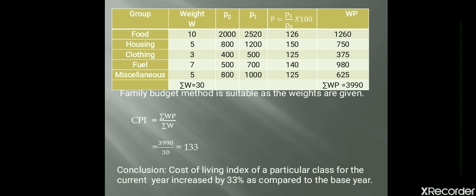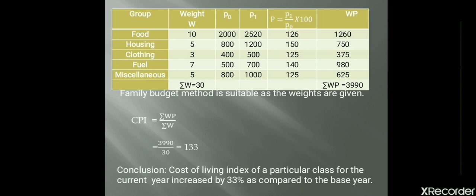For the first group, 126 multiplied by 10 results in 1260. 150 multiplied by 5 is 750. 125 multiplied by 3 is 375. 140 multiplied by 7 is 980, and for the last one, 125 multiplied by 5 is 625.